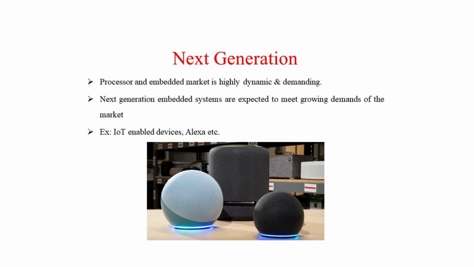We know the advantage of Alexa. By sitting on the chair itself, you can turn on the music, or you can instruct Alexa to do some particular task for you. So that is what the next generation embedded systems are targeted to do.